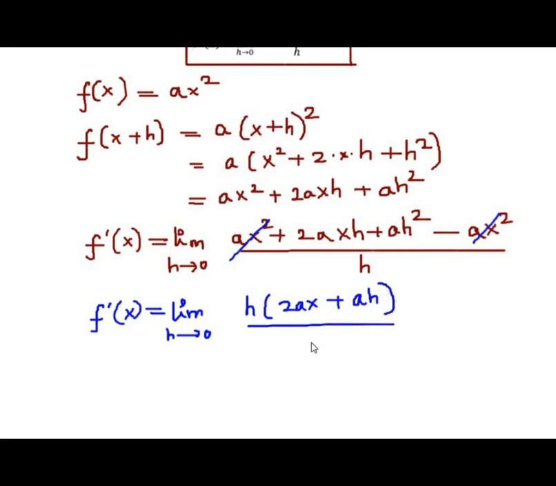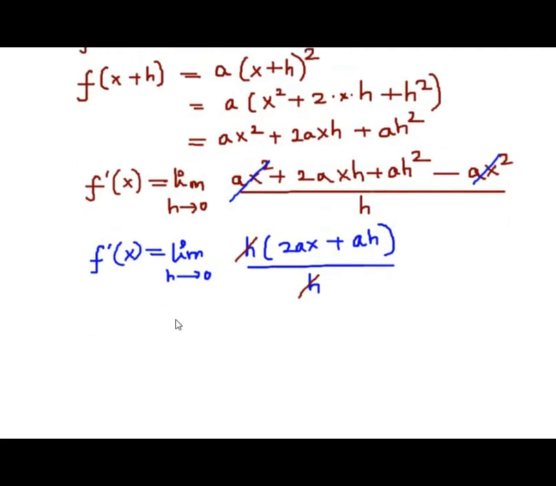This thing is divided by h, which is present here. Now again we can see h and h get cancelled, so we are left with limit as h tends to 0 of 2ax plus ah.